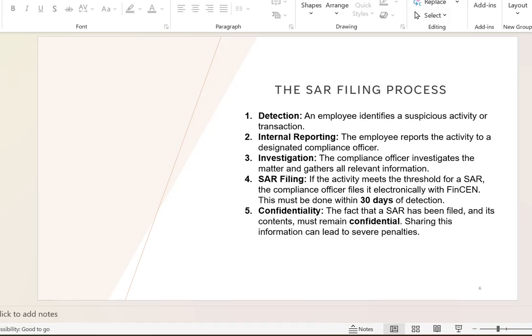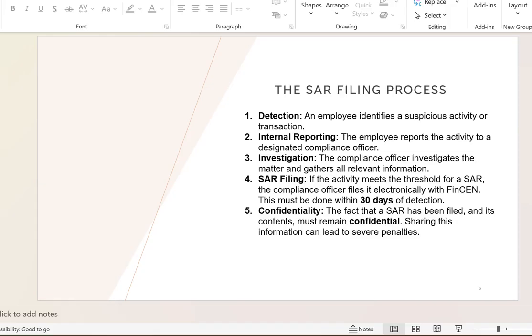Then comes internal reporting, where the internal employee reports the activity to the designated compliance officer with their input. If the internal employee finds that it is a false positive, then he will close it. But if he thinks it may be a suspicious activity report as per the data, he will send it to the compliance officer, and further investigation will be done by the compliance officer. Then the investigation part comes.